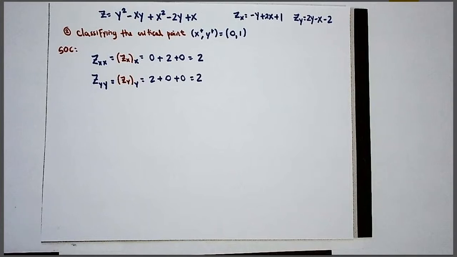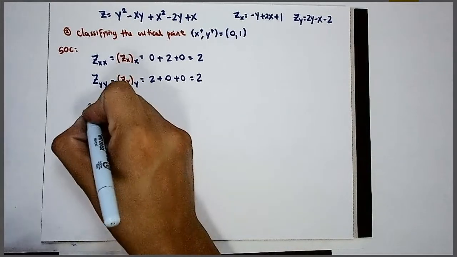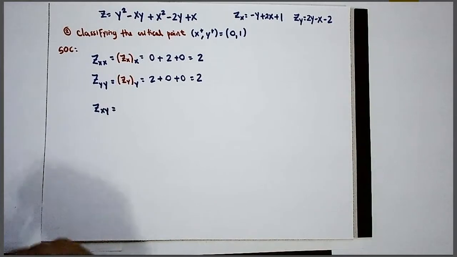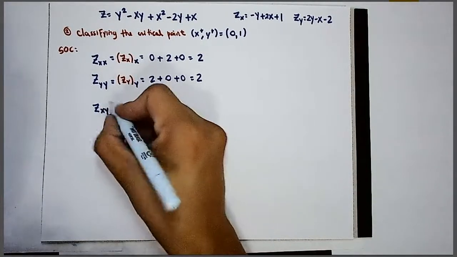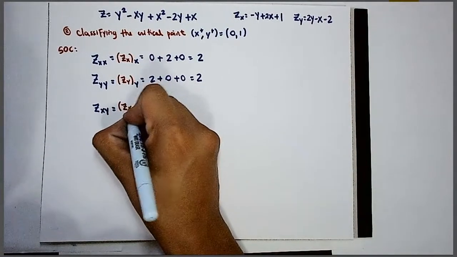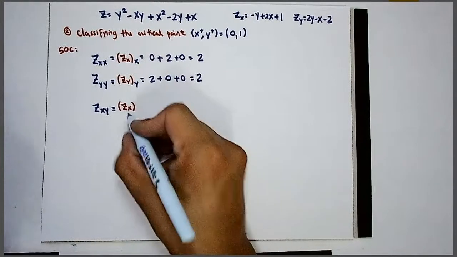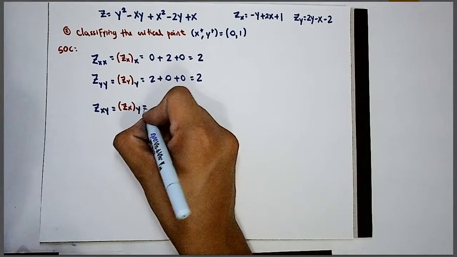And then we need one of the cross partials because the other one would be the same. So let's use zxy. This means that we need first the partial derivative with respect to x, and that one we're going to take the derivative with respect to y.